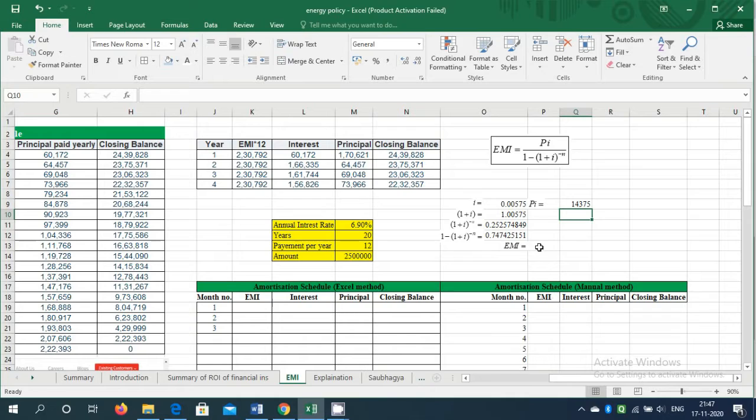Okay, and now I'll calculate the EMI. EMI would be equal to 14,375 upon this one. So this is 19,232. Okay, let me round up this figure.